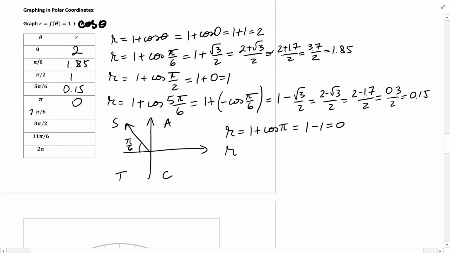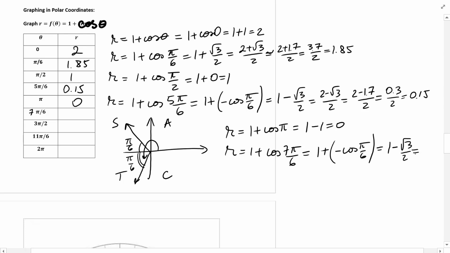Then the next one would be 7 pi over 6, so r equals 1 plus cosine 7 pi over 6. This would be 7 pi over 6, which means pi over 6 is the reference angle. So again, minus cosine of pi over 6, because cosine is still negative in this quadrant. We already calculated this before, so it's going to give us 0.15.